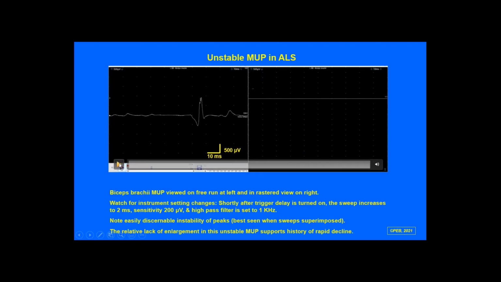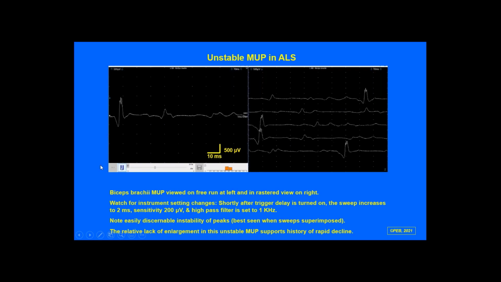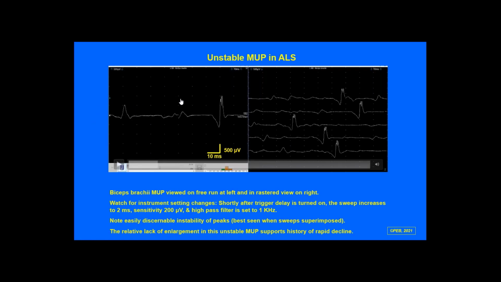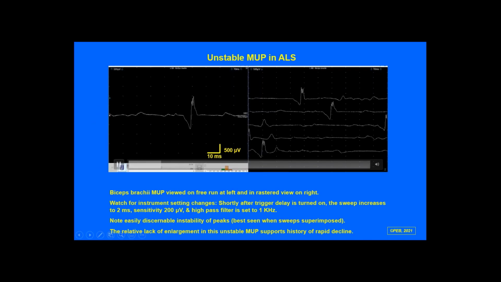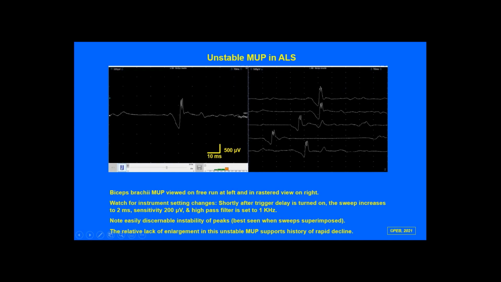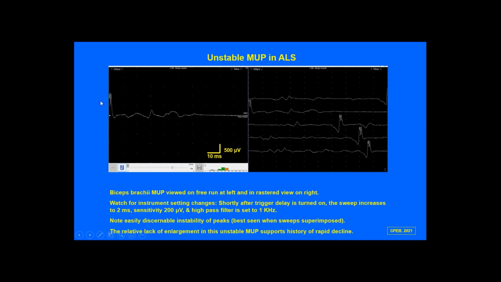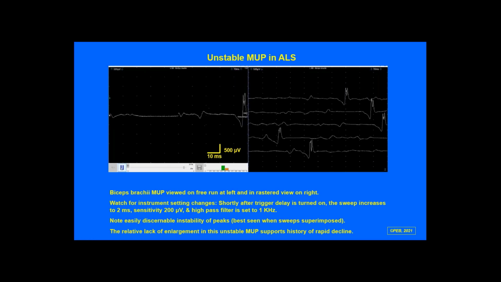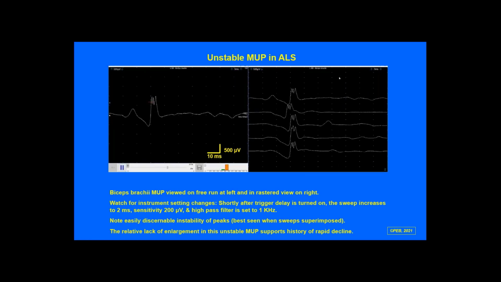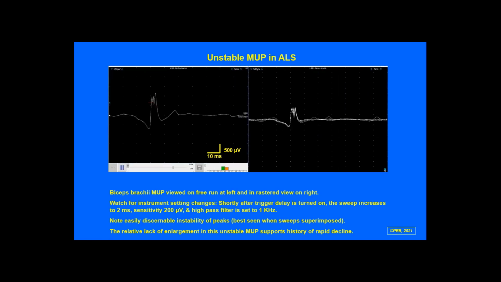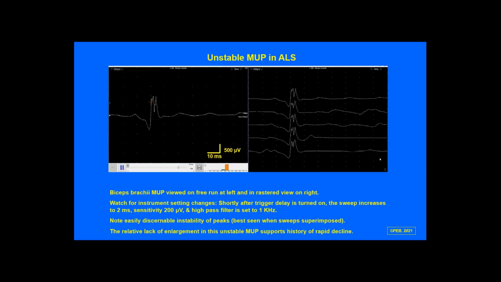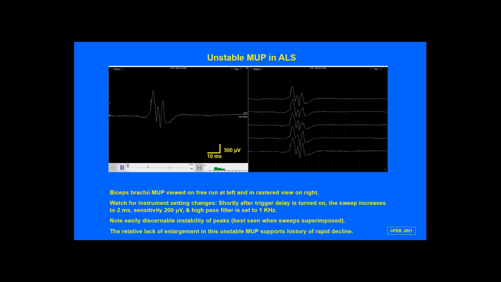So an unstable MUP, let's look at this again to get a feel for this. Here it is on free run on the left, and you see rastered sweeps. And we're going to change the filter shortly. And trigger delay. And now you can see it very clearly, this instability.